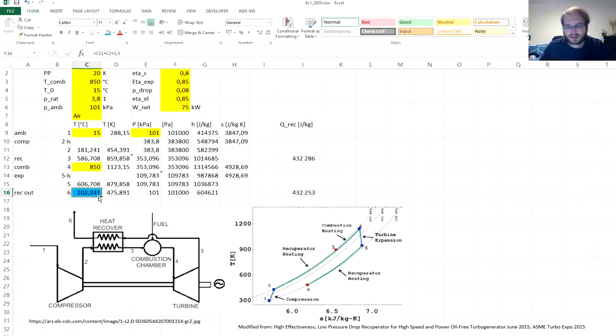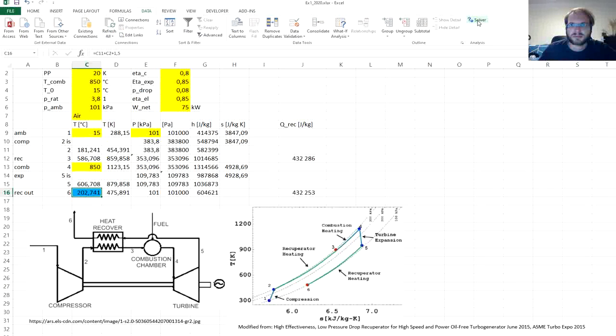But what if we want to calculate it exactly, and for that we will use the function of solver. If you don't have this function of solver visible in your Excel, you can just Google for adding solver add-in into the Excel, and you definitely will find how to do it very quickly and easily through options and add-ins.